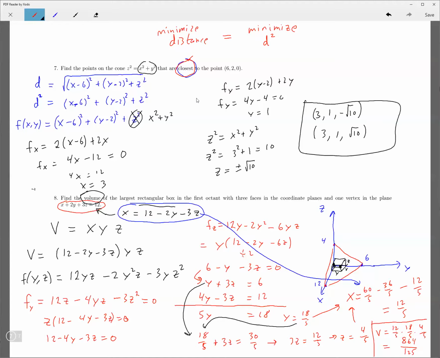Okay, so here's a mistake. I didn't change it to a plus. This should be changed to a plus right here. So that's really bad.